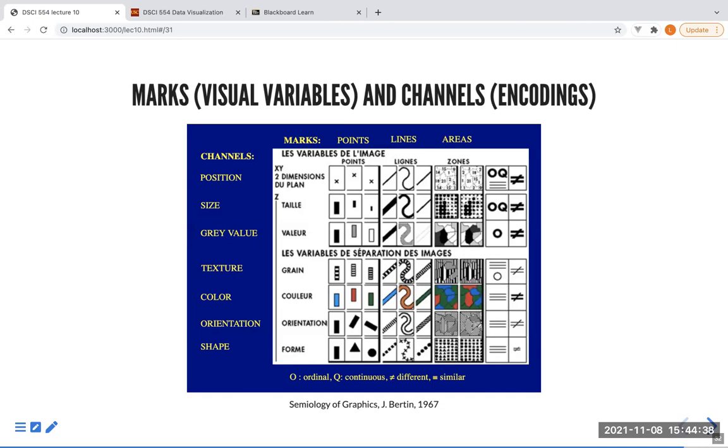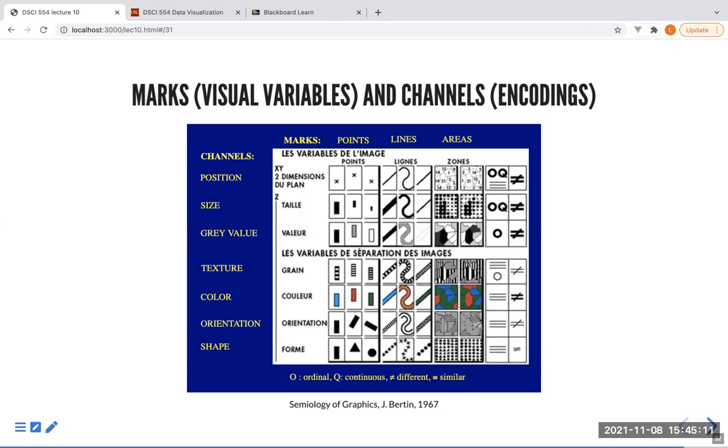And so he thought about what were the pros and the cons of using points versus areas, which one is more precise, and so on, right? And also depending on the type of information, if it's ordinal, if it's continuous information, and so on. Now we don't need to learn this by heart, because I think now we have enough practice that we know what works.